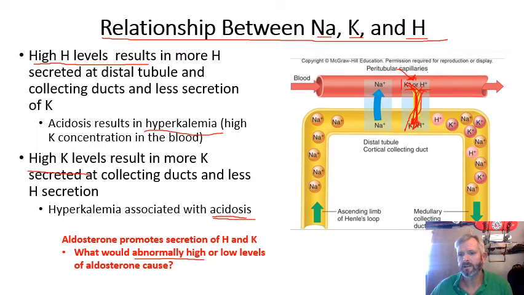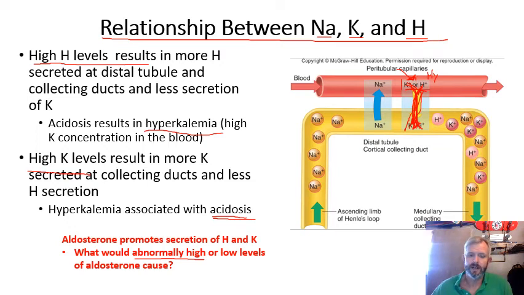I'm going to have hypokalemia, because I'm secreting lots of potassium. And what do you think pH-wise my blood would be in this case? It would be alkaline. It would be basic because I'm doing more excretion of the protons, and therefore I'm leaving less in the blood, and now my pH is going up.